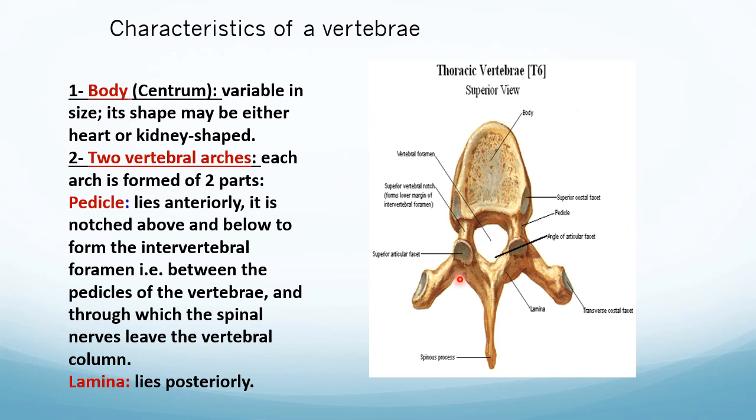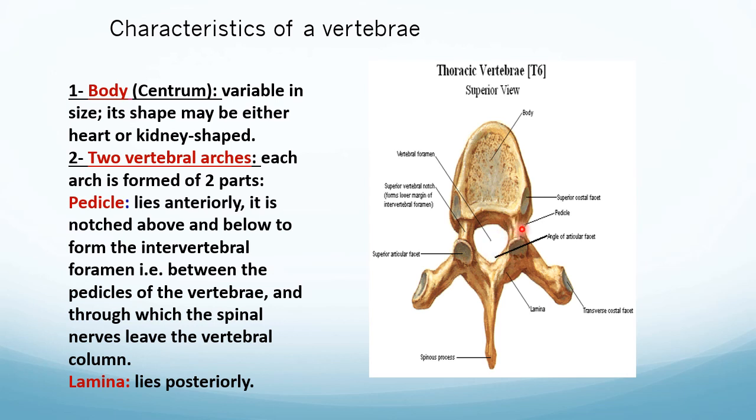Characters of vertebrae: each vertebra has a body, 7 processes, and 2 arches. The body is directed anterior and variable in size according to the site of the vertebra, whether cervical, thoracic, lumbar, and so on. This is the vertebral arch, or neural arch.